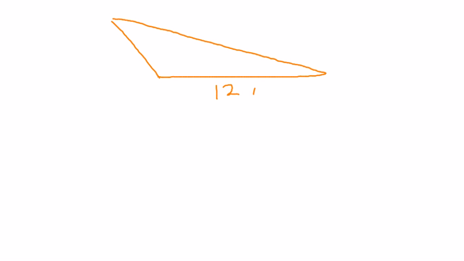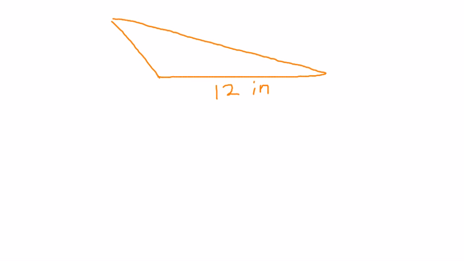What if I have a triangle that looks like this? And I tell you that its base is 12 inches long. What would the height of this triangle be? Which side would represent the height? We said the height must always form a right angle with the base.